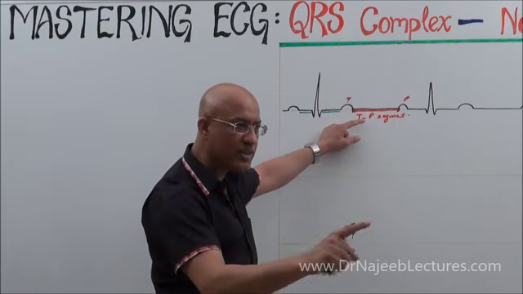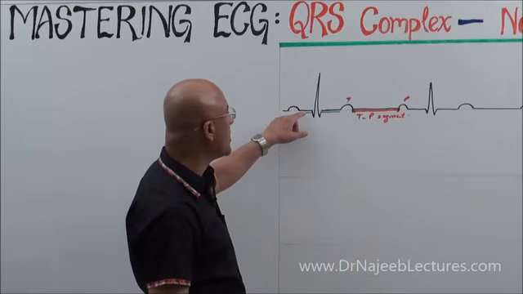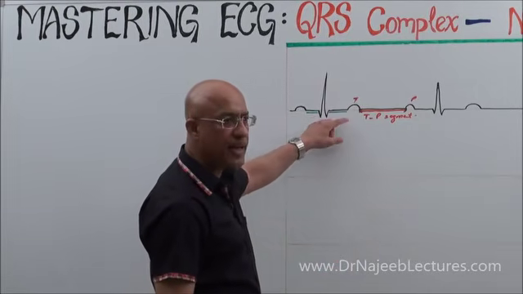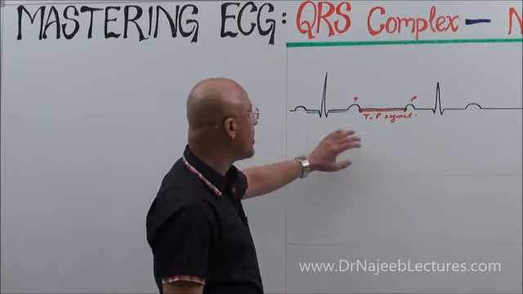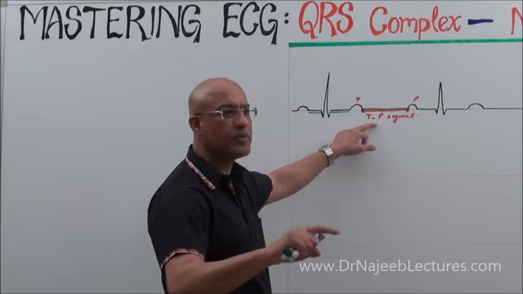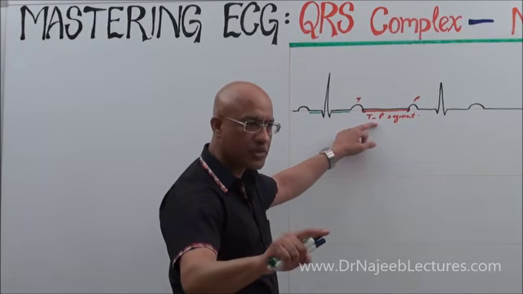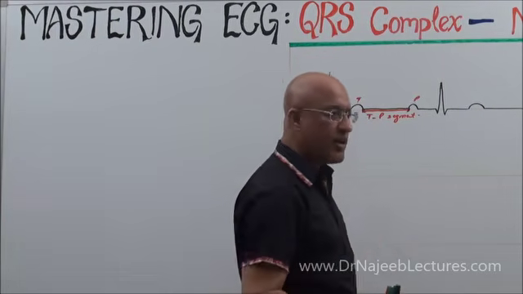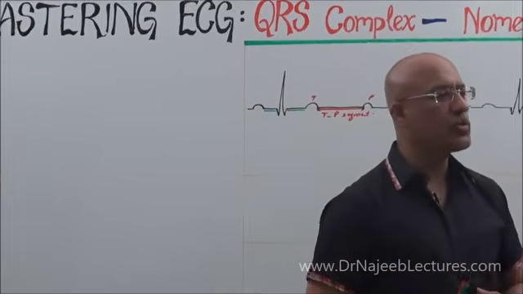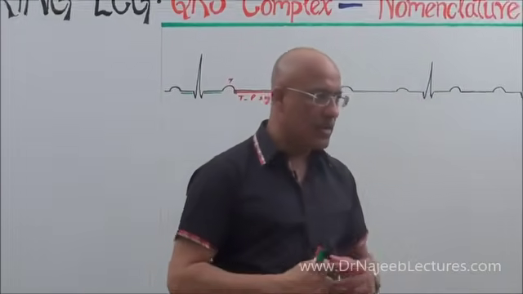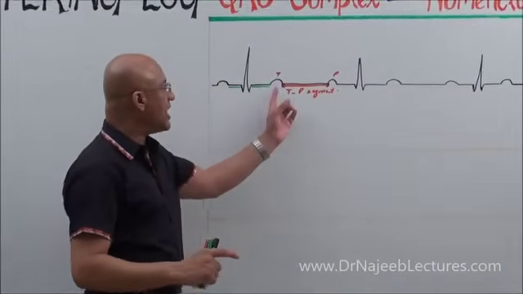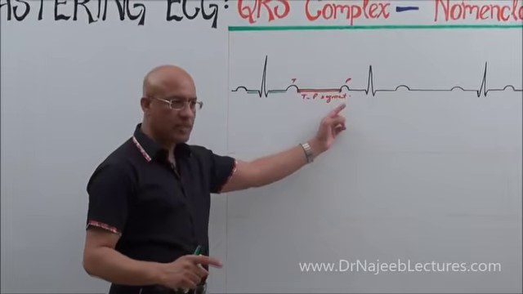But as I mentioned, in different pathological conditions, these two segments can elevate or depress, but the TP segment remains stable at its neutral position. Once you know that, from now onwards, when I use the word isoelectric line, I will mean the level of the TP segment.